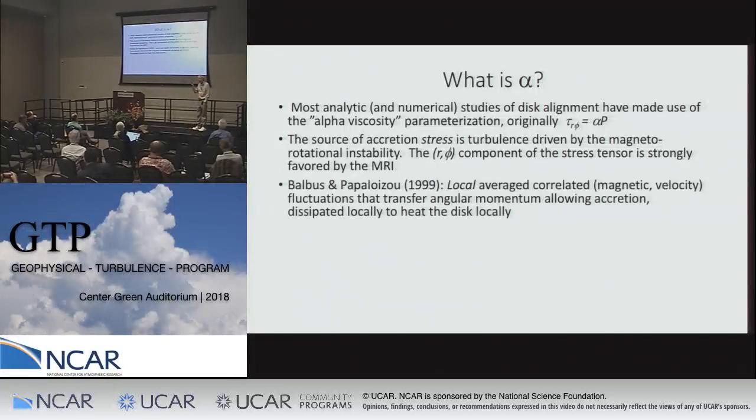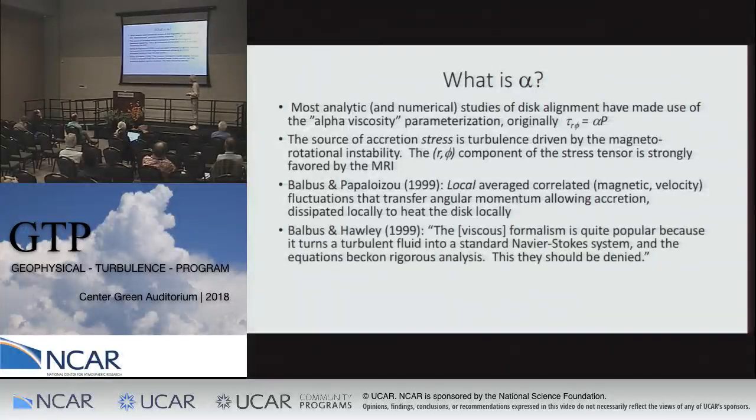In fact, there's a paper in 1999 by Steve Balbus and John Papaloizou, where they looked at what you needed to have in the disk in order for the alpha model to be justified. Basically you need things to be sufficiently local that the same components of the Reynolds and Maxwell stress that is transporting angular momentum also enters into the energy equation as the thermalization of the energy. So you can't have non-local transport of heat or other properties. All has to be very local. That probably works under some circumstances, but it's not general.